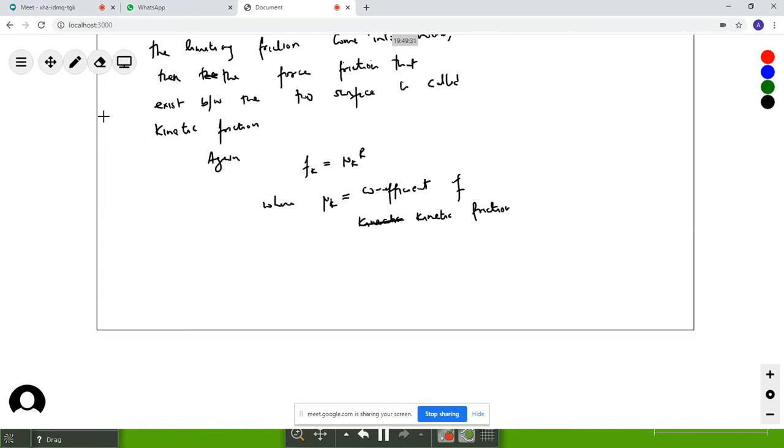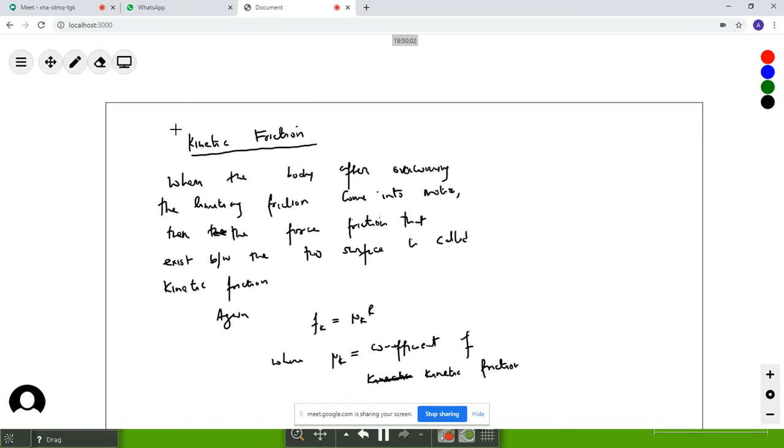Now, if we compare, which friction do you think is larger? Definitely static. Kinetic friction Fk is less than the limiting friction, F static max. So you can write mu k is less than mu s. Remember it. Coefficient of kinetic friction is less than coefficient of static friction.